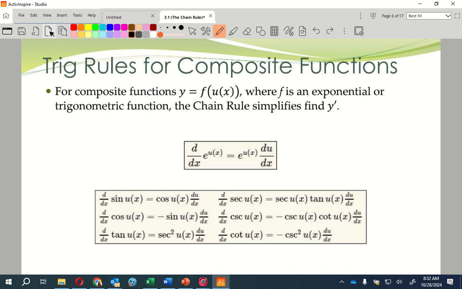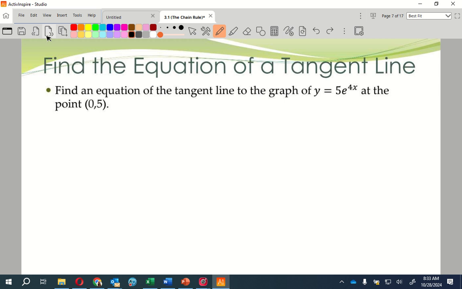All right, trig rules for composite functions. So, basically the same thing that we just did. Find the equation of a tangent line to the graph of 5e to the 4x at the point (0, 5).